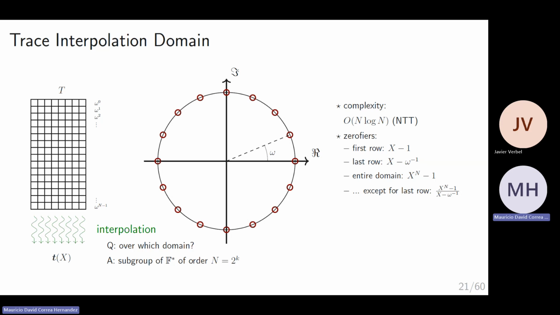And if you want to ignore the last row, as you want to do with transition constraints, well, then you just divide out the zerofier for the last row. And you don't actually compute the dense polynomial that you would get if you perform this division. You keep it like a numerator and a denominator so that you can evaluate it quickly.